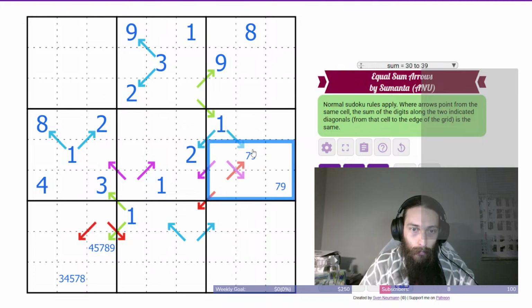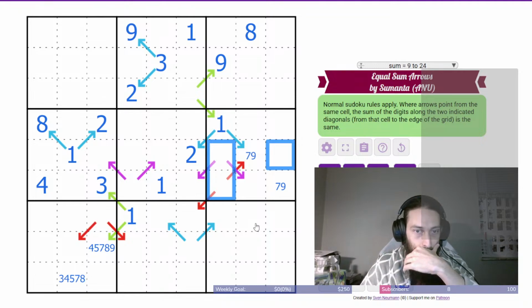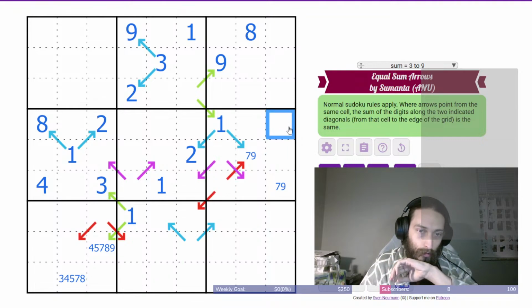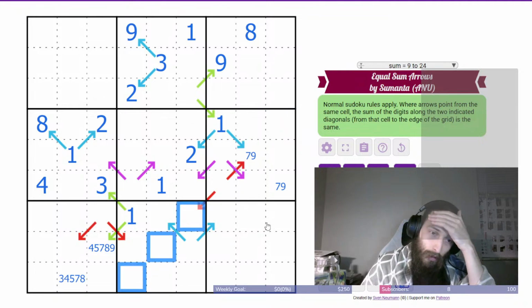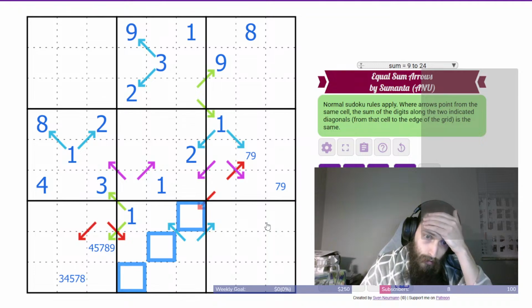It's not along the top, and it's not there, and it's not there. Although I guess that's less helpful than I was wondering. But it does mean that the largest that this can be is 6, meaning the largest with those two is 15. So those three are maximum 15.